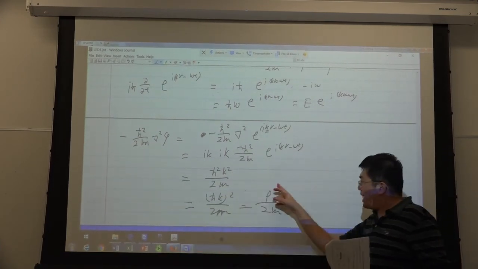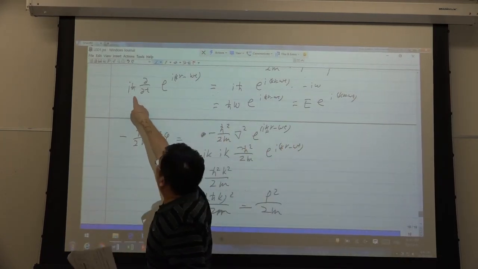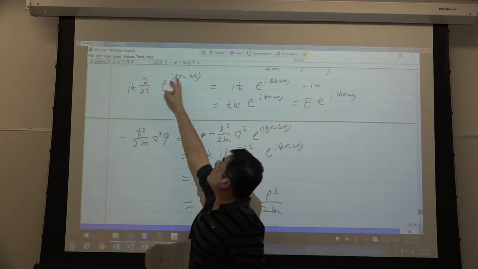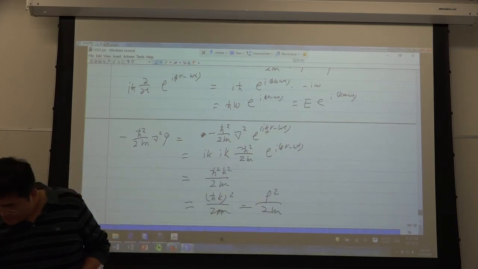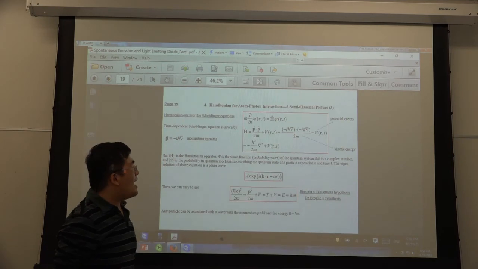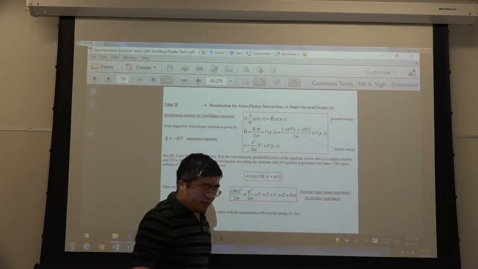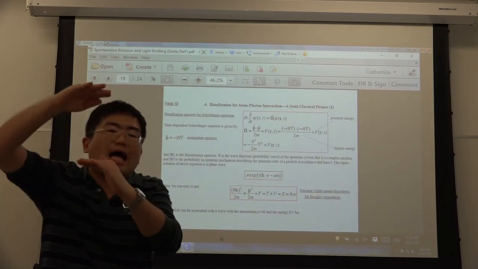If we want to get the p square over 2m, we also have an i h bar constant here, because we have omega. H bar omega equals E. So Schrodinger just followed de Broglie and Einstein. Einstein found E equal to h bar omega. When they did the experiment, they saw the spectral lines of the atom.